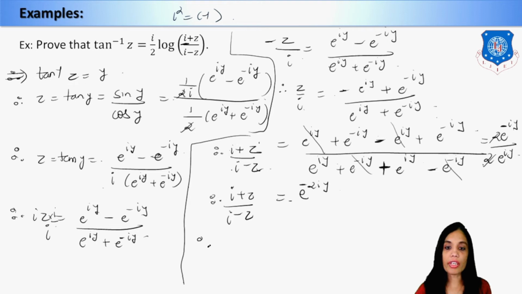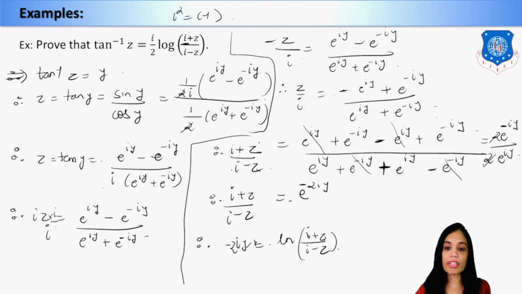Now this can be written as −2iy is equal to ln (i + z) upon (i − z).